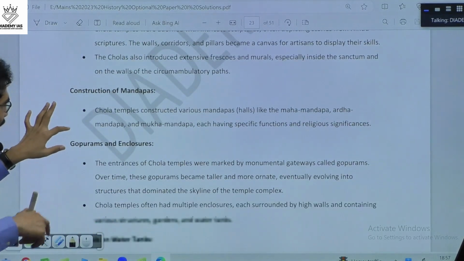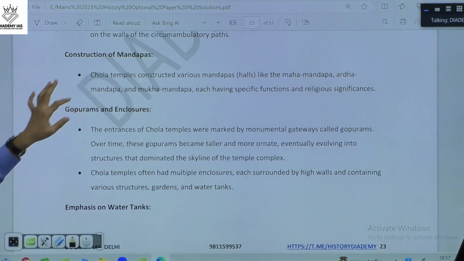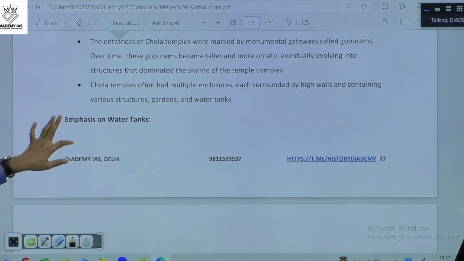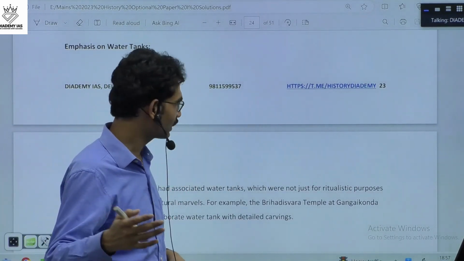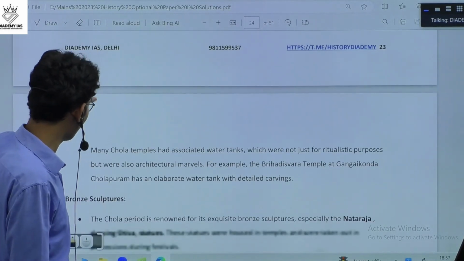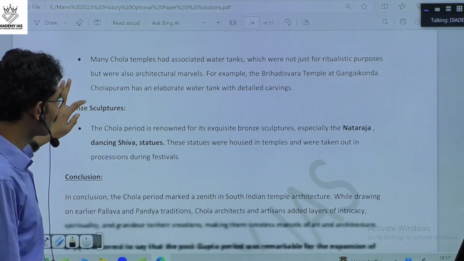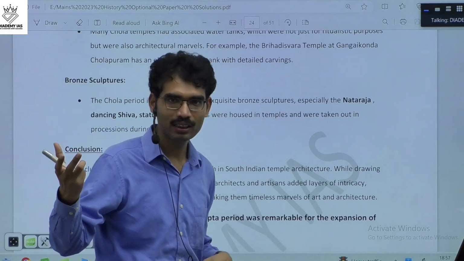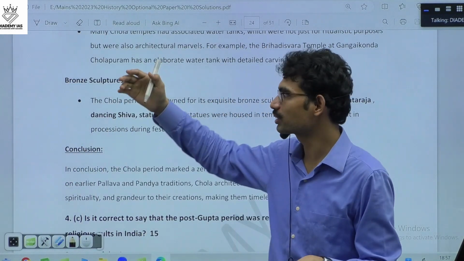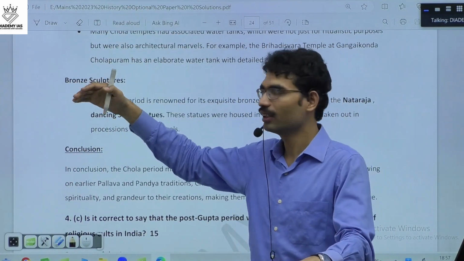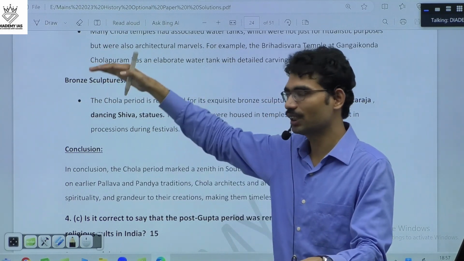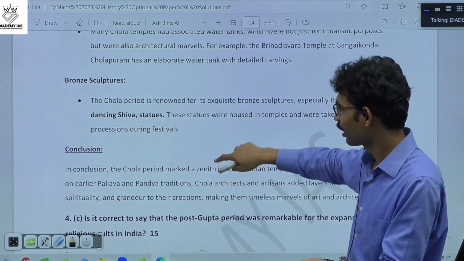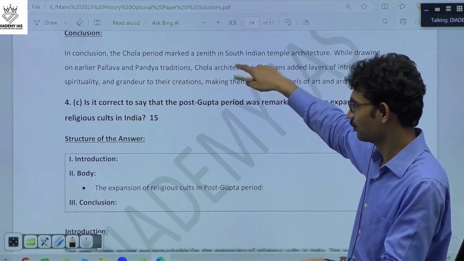Construction of different mandapas, gopurams and enclosures, then emphasis on water tanks. Different water tanks were also constructed in the premises of temples. Bronze sculptures were placed in the temples. So this all shows that in temple architecture style, in almost every aspect, it reached the climax stage in South India. That is what you are going to mention.